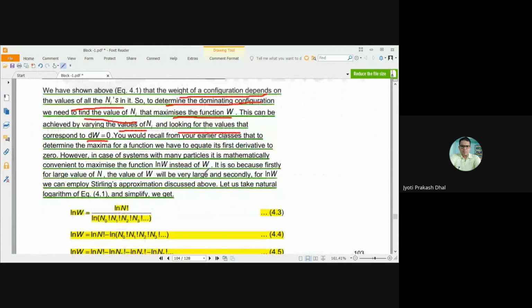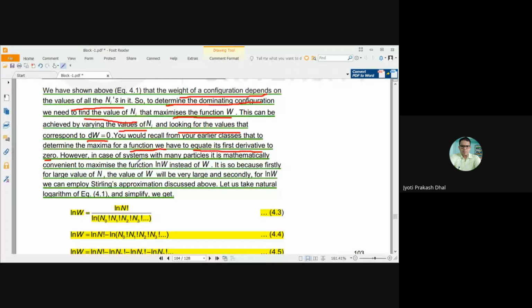You should remember from earlier classes that to determine the maxima of a function, we equate its first derivative to 0. So to find the maximum value of the weight function W, we should consider dW equals 0.